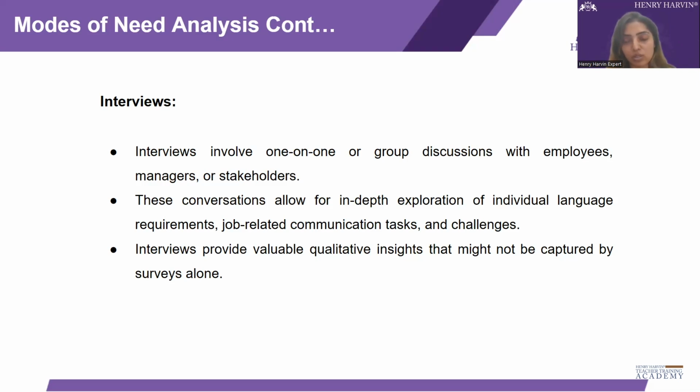Then face to face, you can also ask them what the hindrances are. The same can go with the group of managers as well. What are the hindrances that you think you're facing? Then they can tell you that they are getting very bad feedback because the employees are not able to cater to the services they should, as they're not able to understand customers and answer them well on the phone.